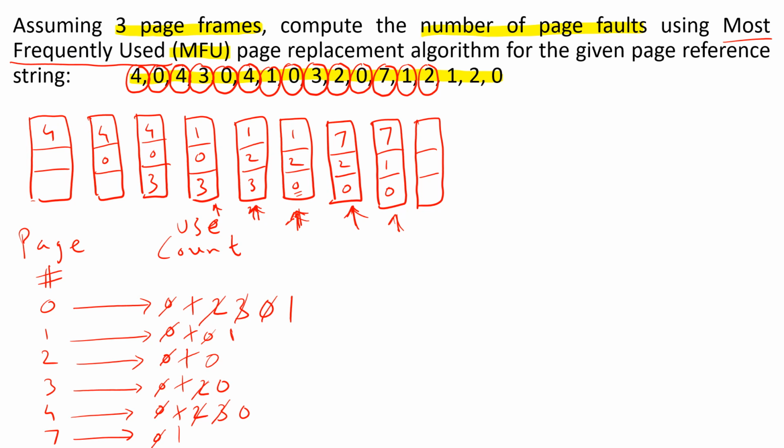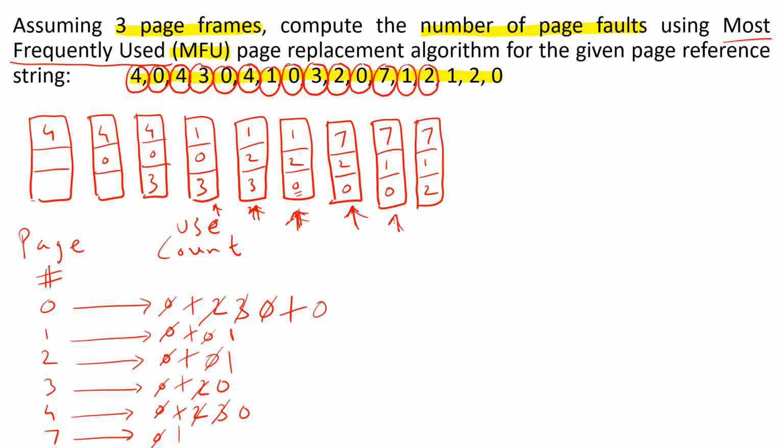So which page came first out of 7 1 0 is 0. So 0 is thrown out, right? And 2 is taken in. So 7 1 2. Okay, so when it is 7 1 2, the count for 0 becomes 0, count for 2 becomes 1.